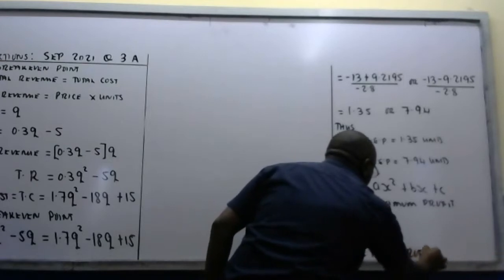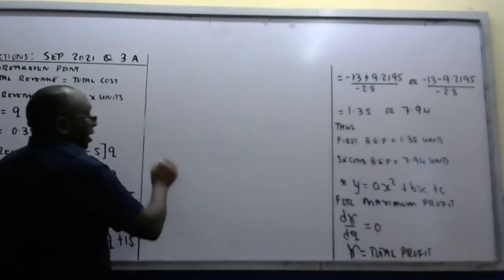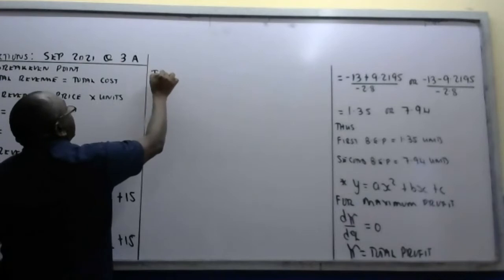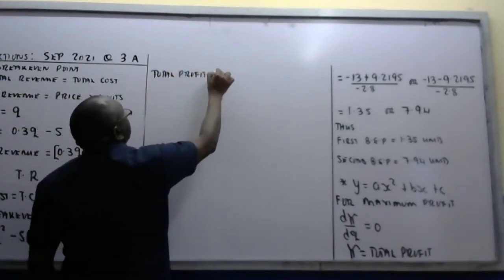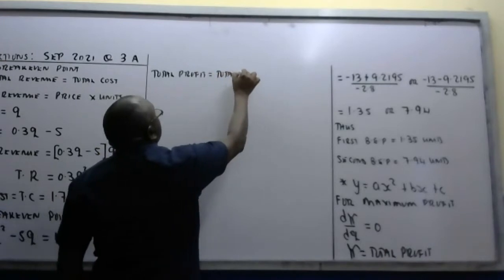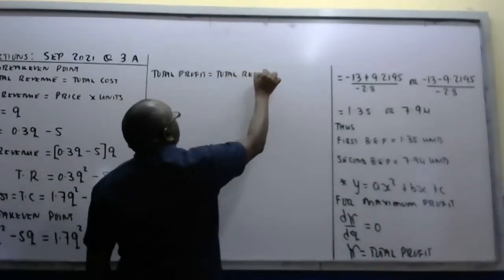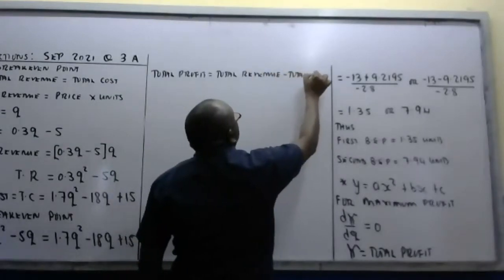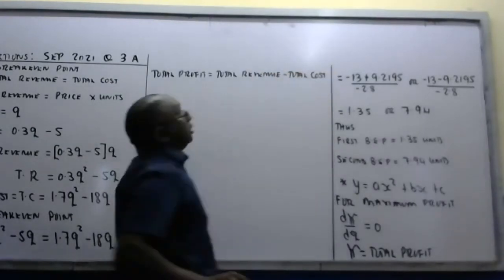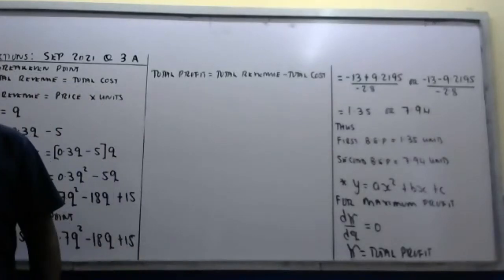Total profit is total revenue minus total costs.